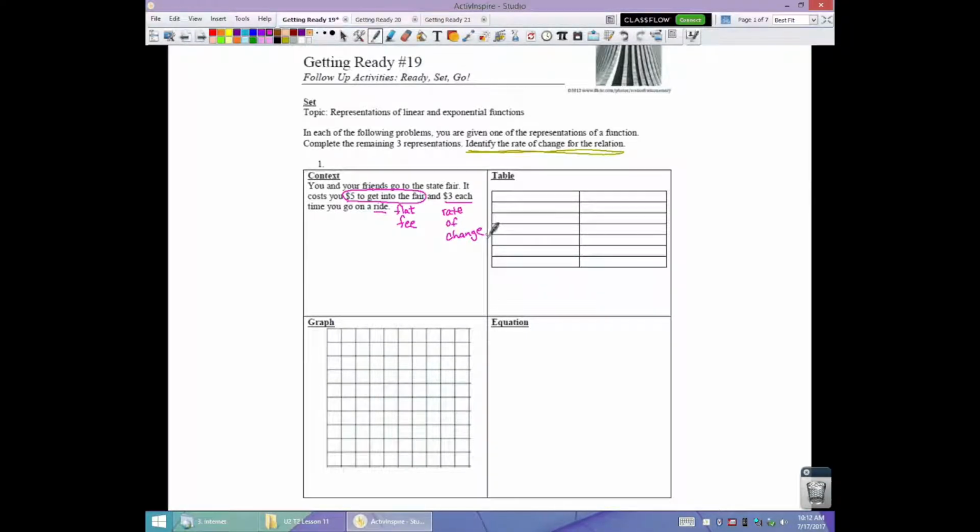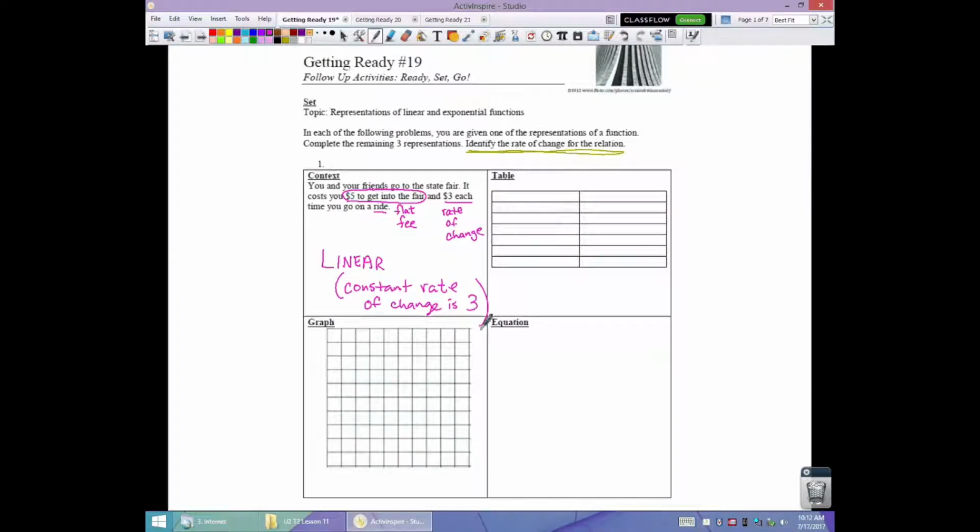All right, since that is a constant rate of change, this is a linear function. Okay, so it's linear, and it's because we have a constant rate of change, which is 3.